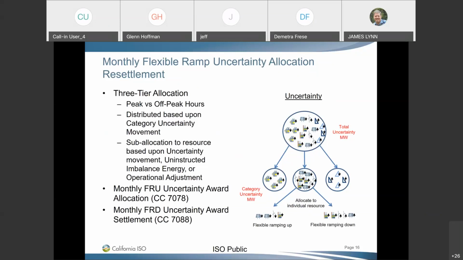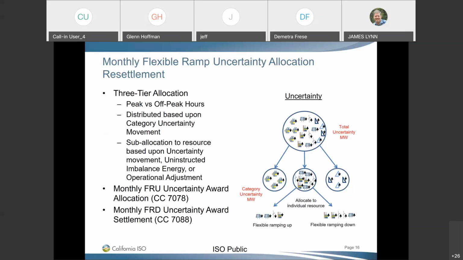If your one configuration shows that you can provide 5 megawatts of ramp, but when we look at your meter, you are actually in another configuration that can only provide 2 megawatts of ramp, then you couldn't meet that flexible ramp movement or the uncertainty award that you were given.